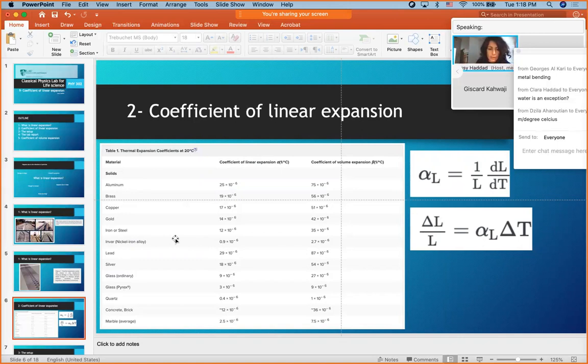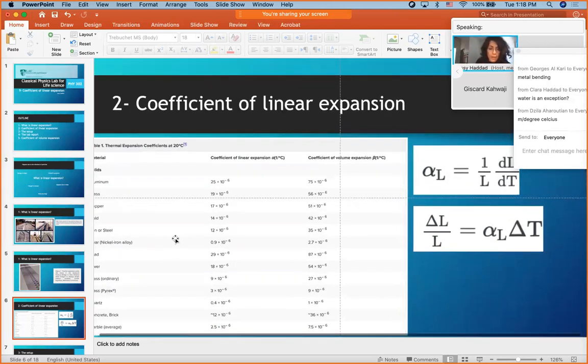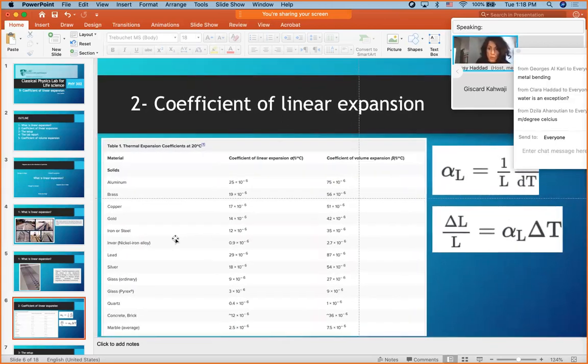Probably your classes right now are your bedrooms or your living rooms. In my case, it's my kitchen. So, which solid, according to the table, I don't know if you can see it well, expands the most due to heat?